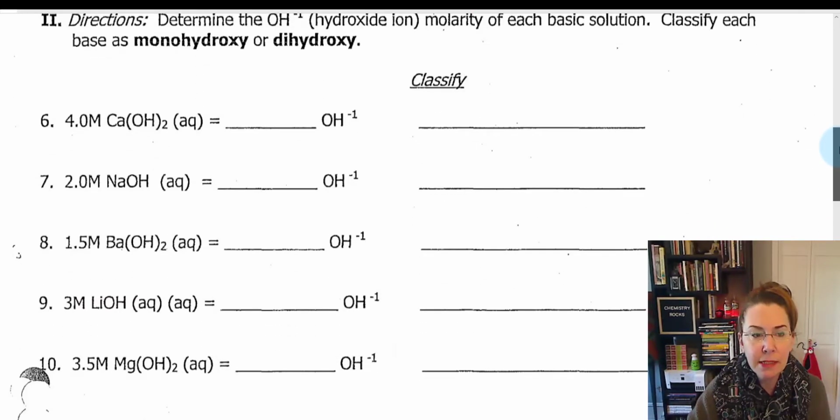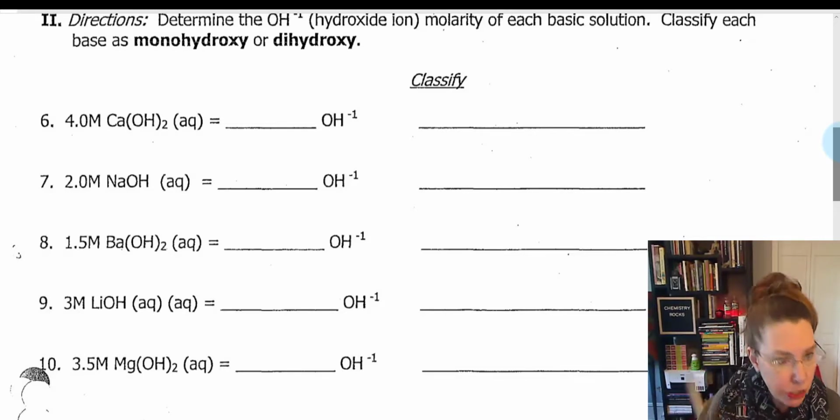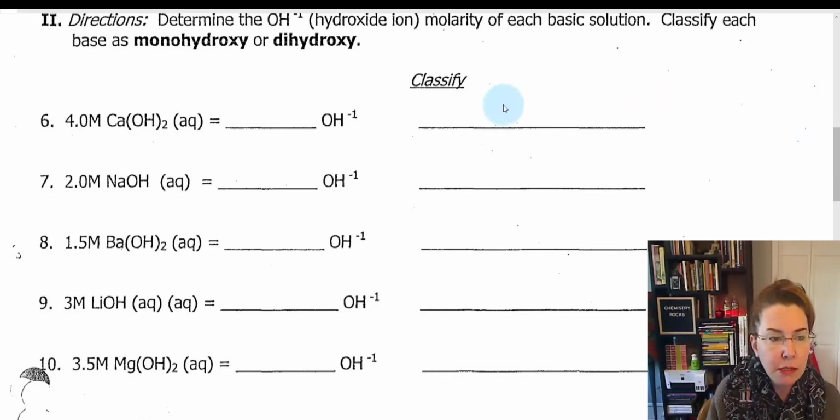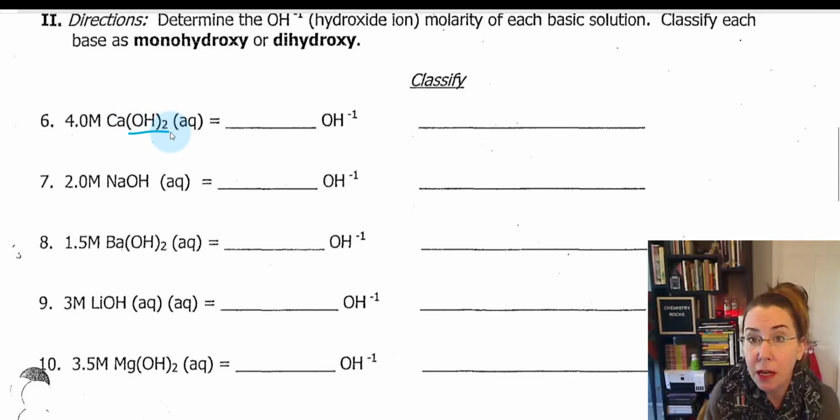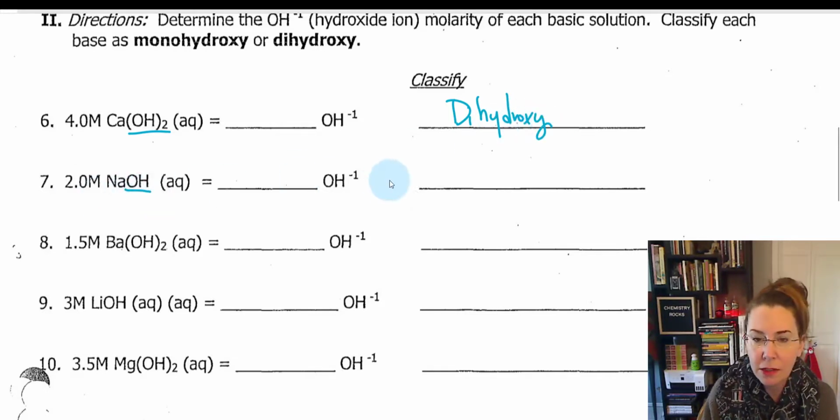Now, in the bases, we're classifying these as either monohydroxy or dihydroxy. Means everything's going to get multiplied by 1, stays the same, or it's going to get multiplied by 2. So let's start off here. We have 2 hydroxide groups. This one will be dihydroxy. And I'm going to just go over, look at the rest.